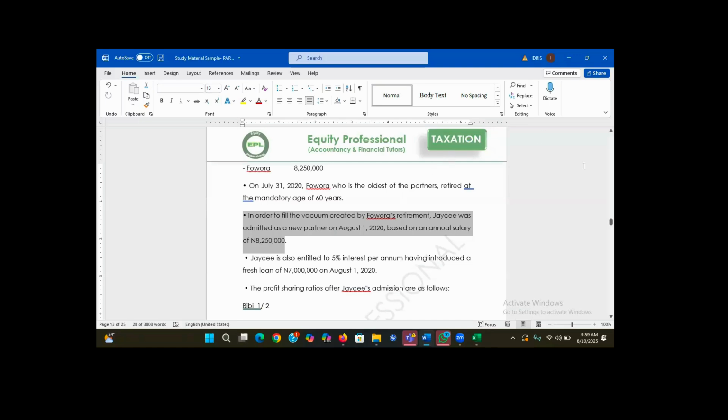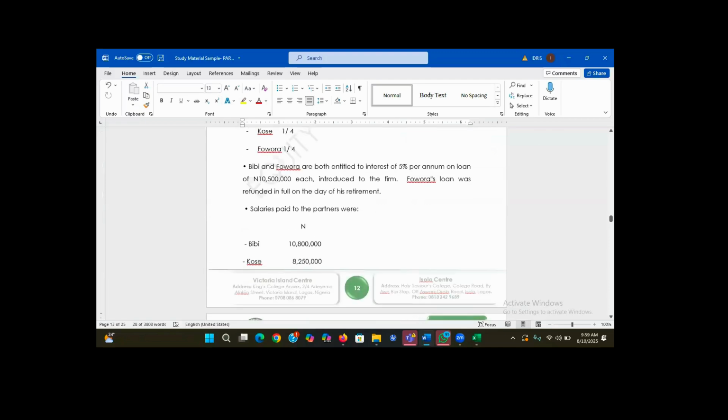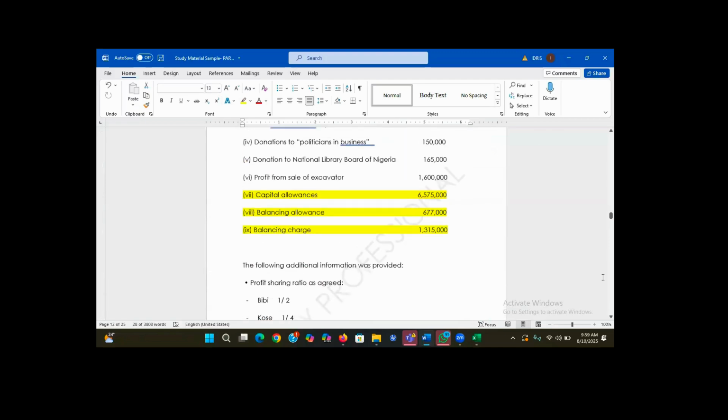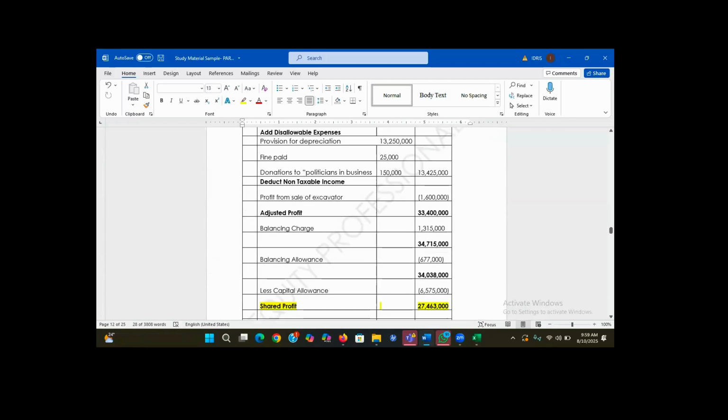So let's go back to the solution. This profit that I highlighted, we need to divide it into two.